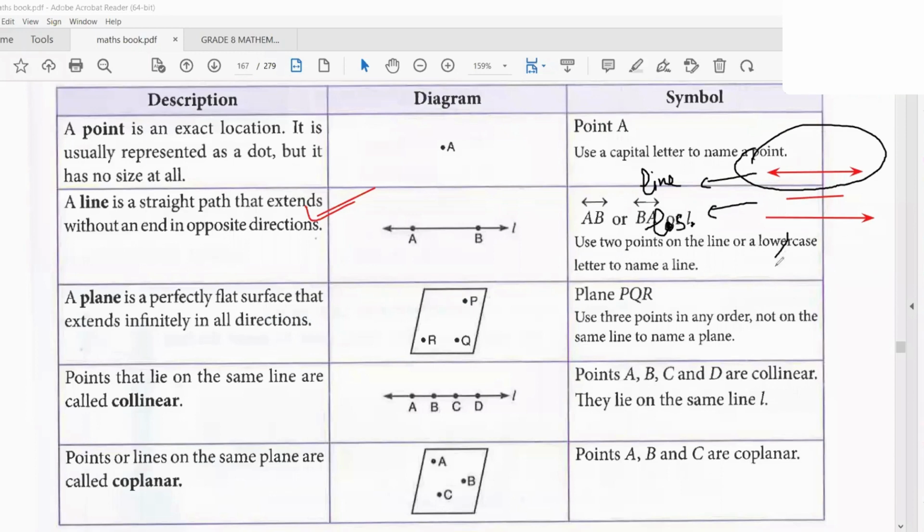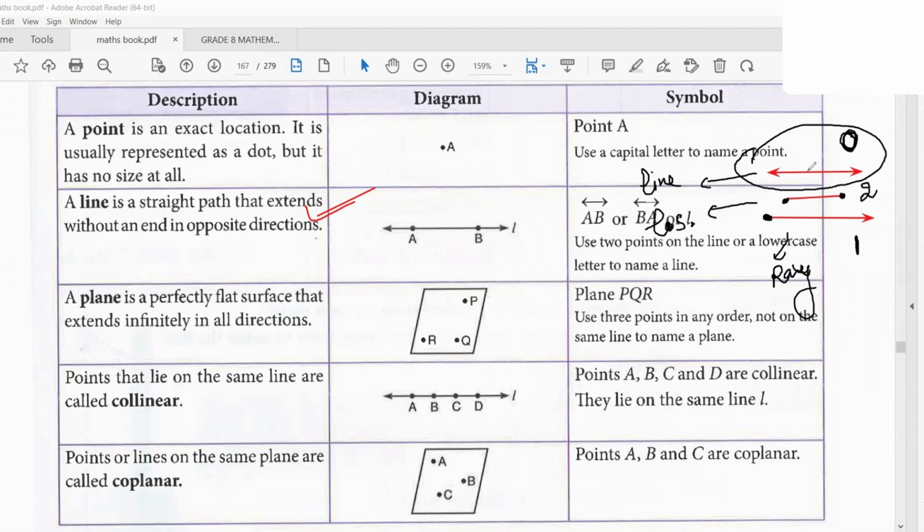This one is a ray. How many endpoints are there in a line? Zero. How many endpoints can you see on a line segment? No, there are 2 endpoints. It is closed from both sides, so this is a line segment which has 2 endpoints. A ray has how many endpoints? One. So this is clear.